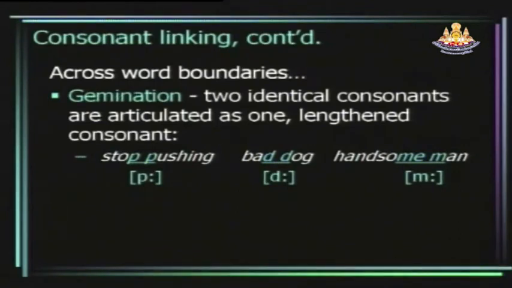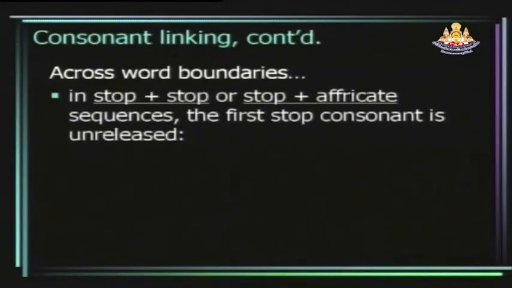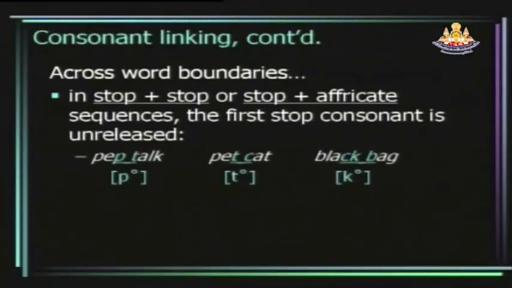Okay, our final example of consonant linking across word boundaries is when we have stop plus stop consonant or stop plus affricate consonant. And in this case, the first stop consonant is not released.